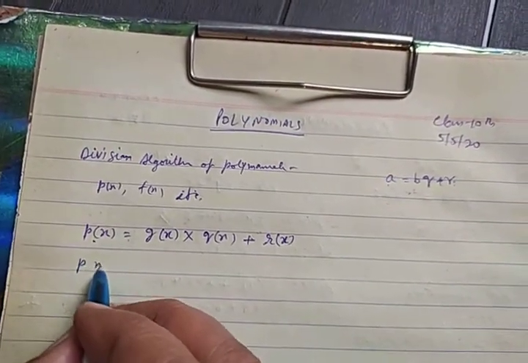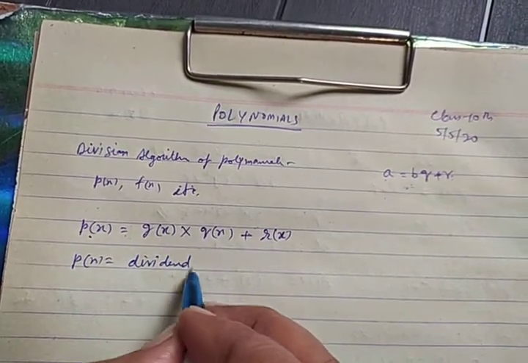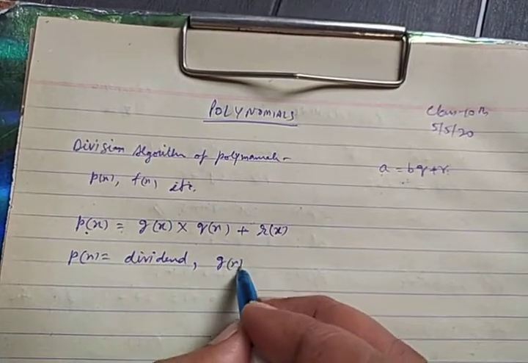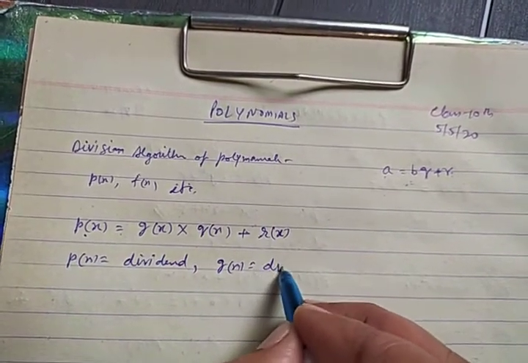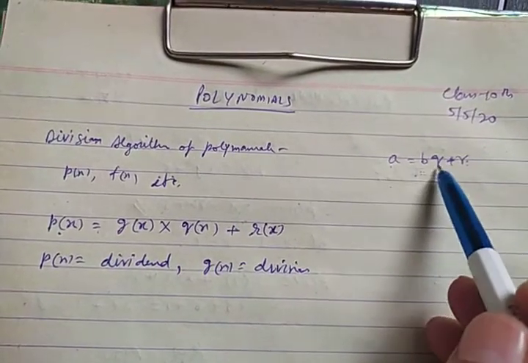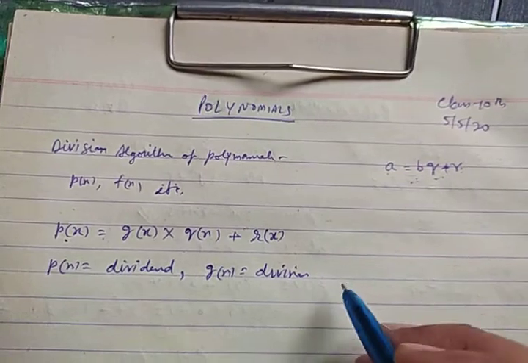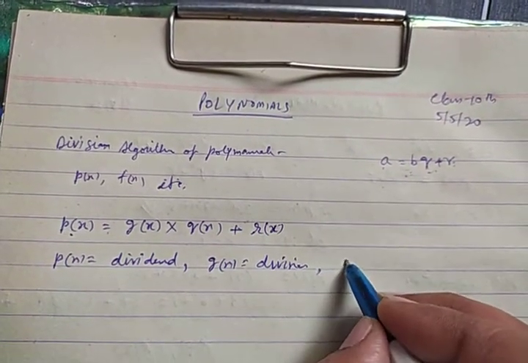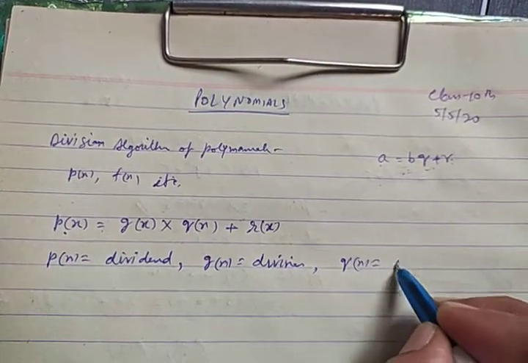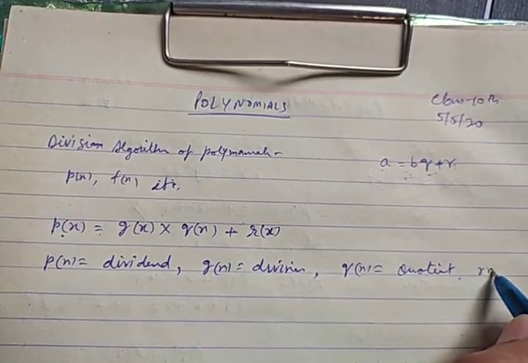Here p(x) is the dividend, g(x) is the divisor. In the earlier formula these were numbers; here they are algebraic expressions. q(x) is the quotient and r(x) is the remainder.